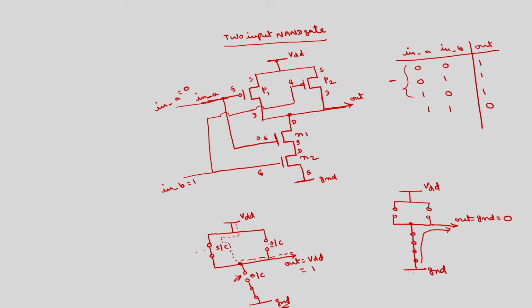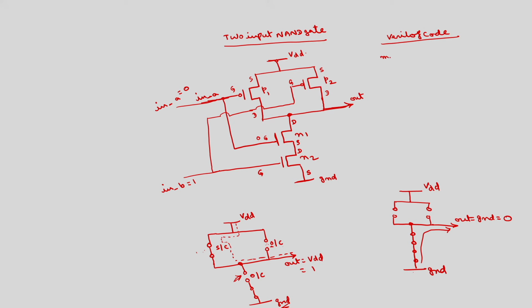Then how to write the code? I will write here itself, I will remove this. Module, I am giving the name as CMOS_NAND. Two inputs, one output.